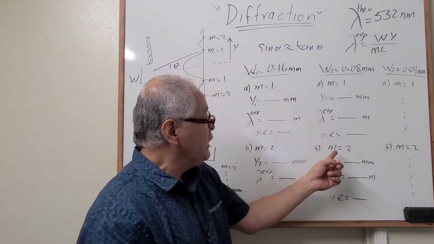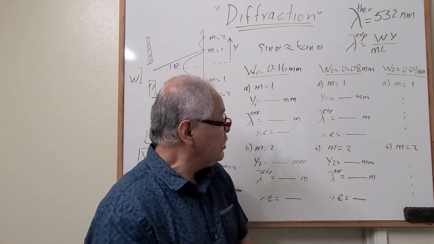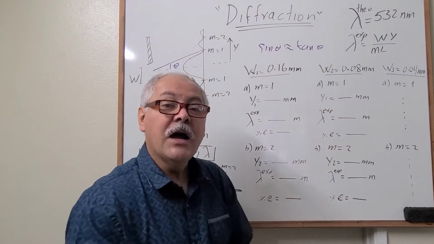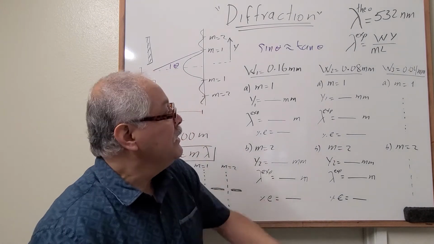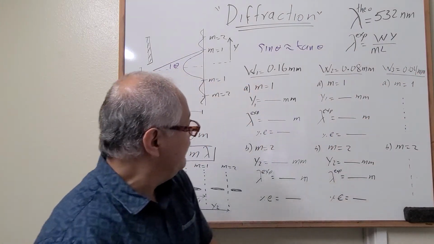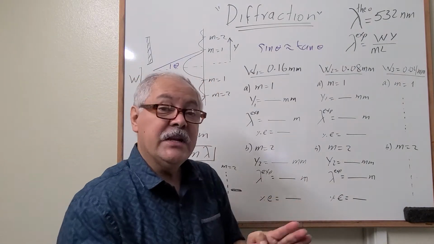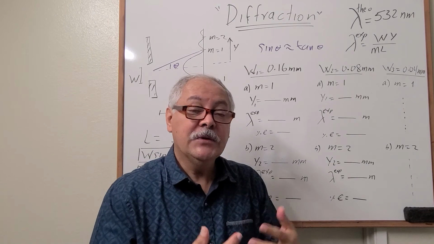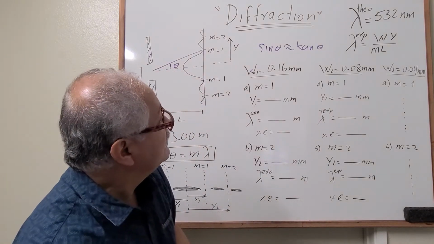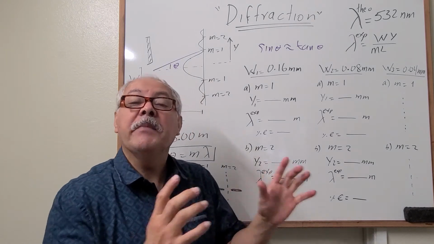The same thing now for part B, go to M equals 2, and repeat the procedures. The same thing happens for the last part. Repeat the whole thing as before. So at the end we have 6 percent errors for this experiment. And now let's do the measurements.